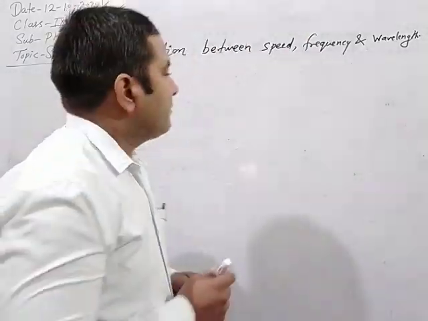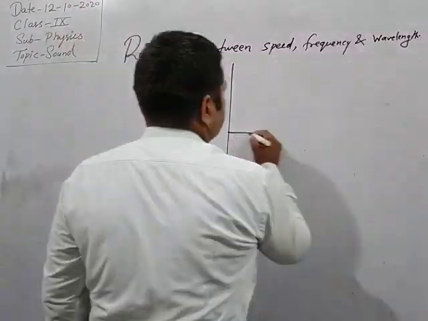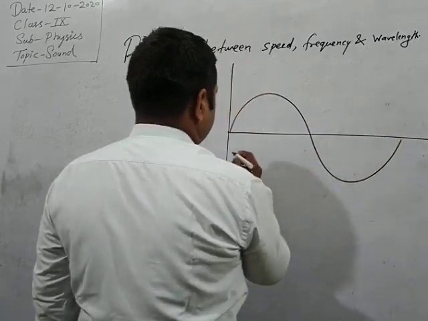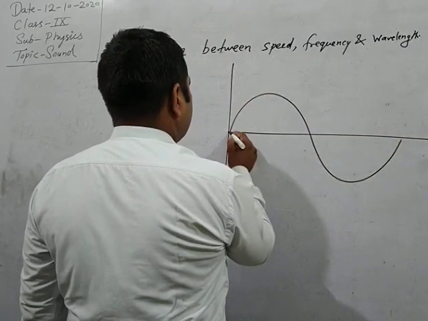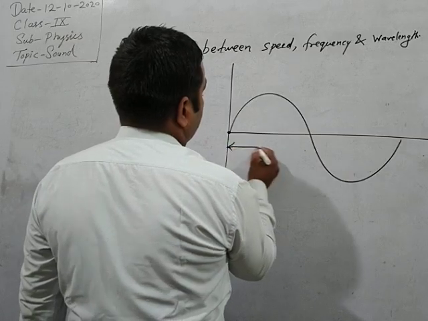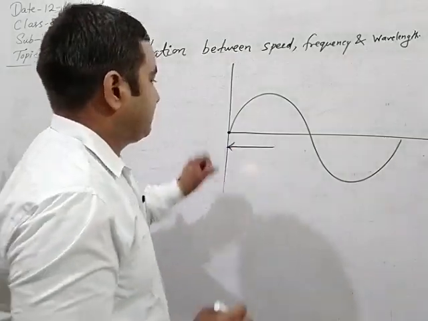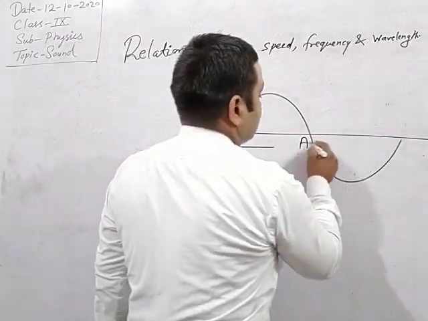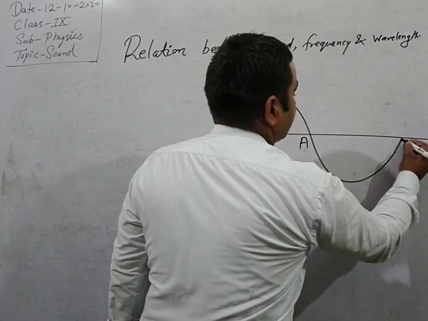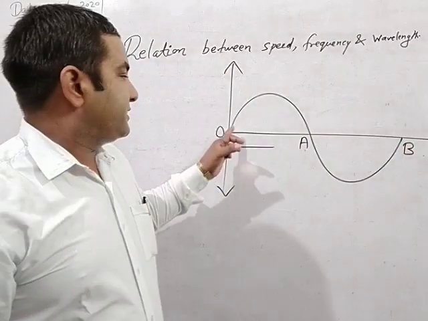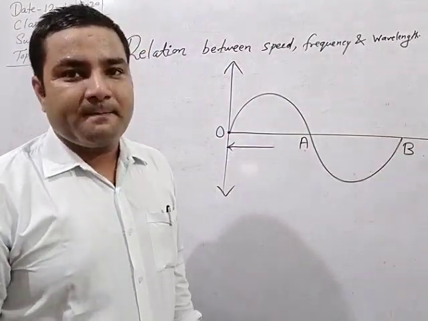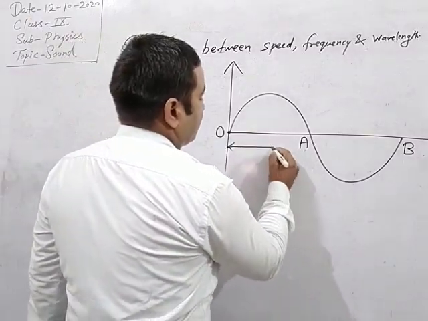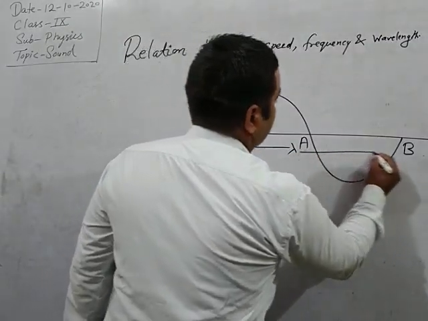Here the wave motion, or you say the sound wave, is traveling from its position O to B. Then one oscillation is completed from O to B. Then we have two concepts clear.